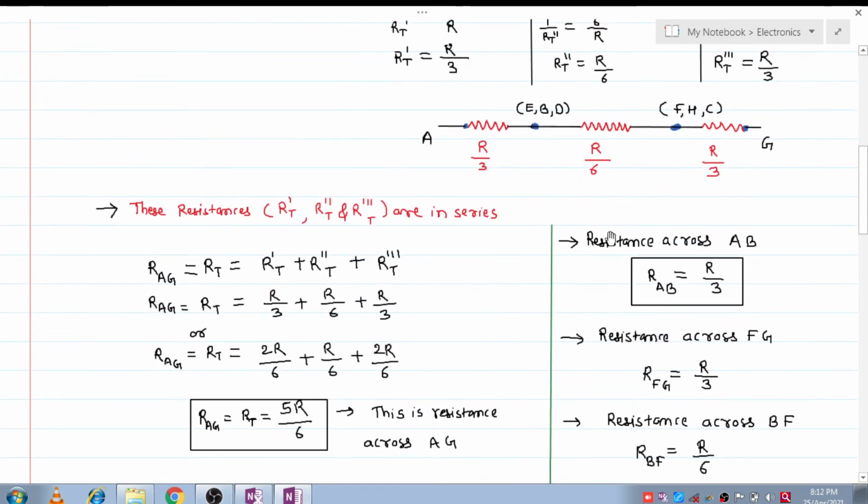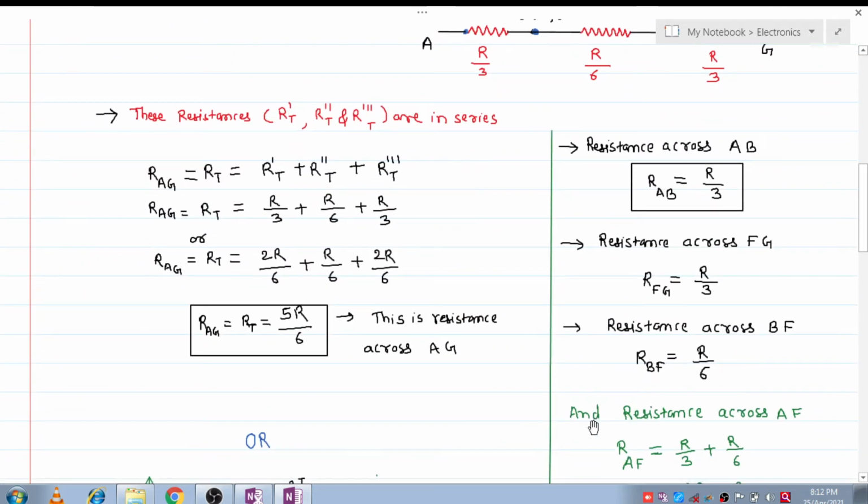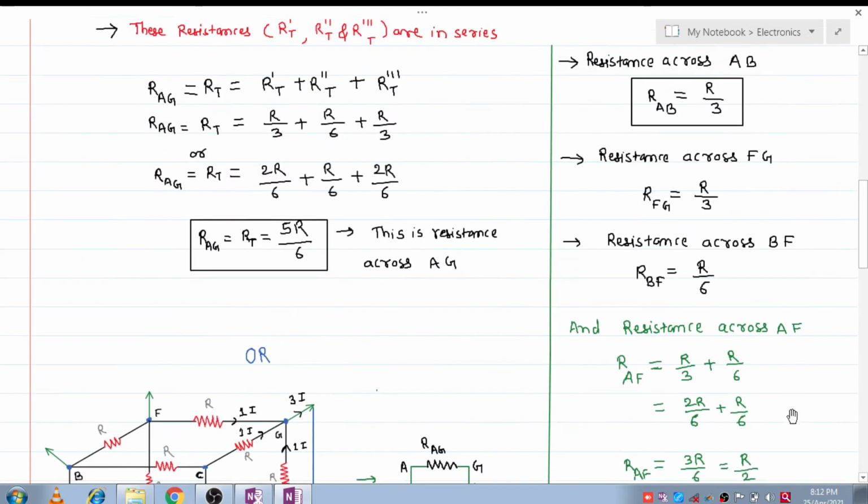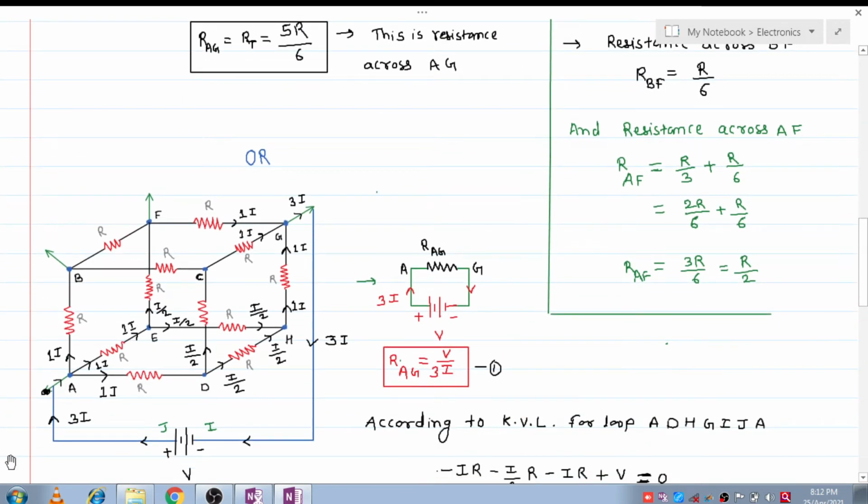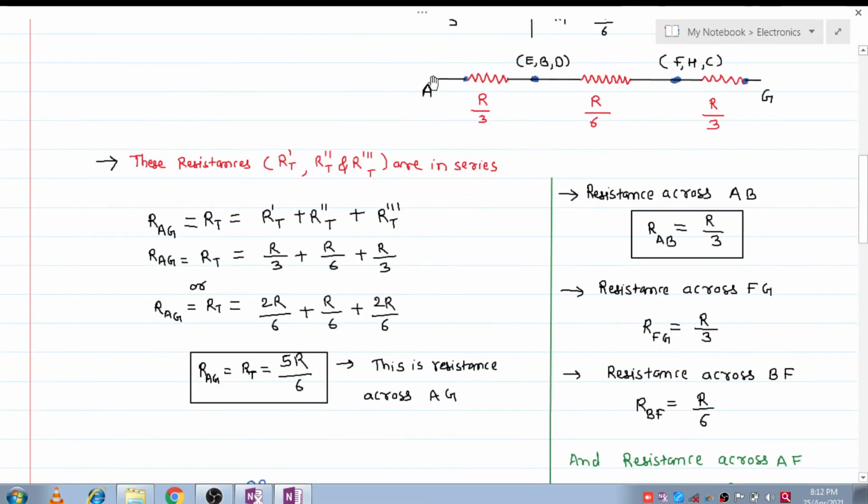So here we have calculated the resistance across AB, which is equal to R by 3. The resistance across FZ is R by 3. The resistance across BF is R by 6. And now the resistance across AF, that is A to F. This is in series, so R by 3 plus R by 6.